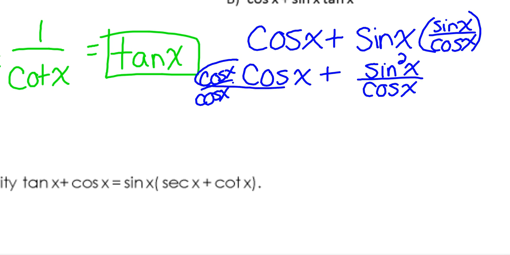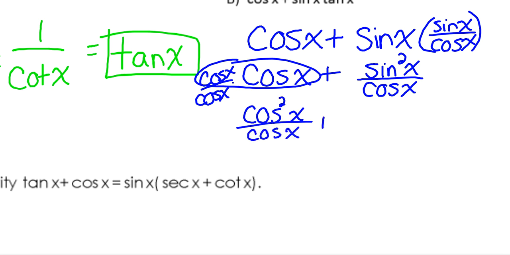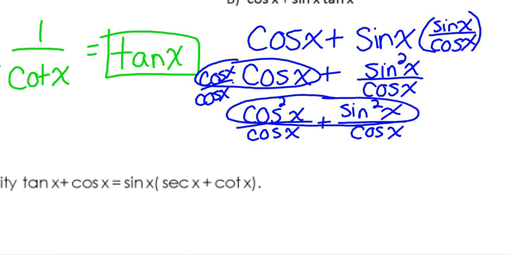So this top part here would be cosine squared of x over cosine x. And then I'm adding to it sine squared x over cosine of x. And what I've created here in the numerator, since I have a common denominator, is something I can simplify.